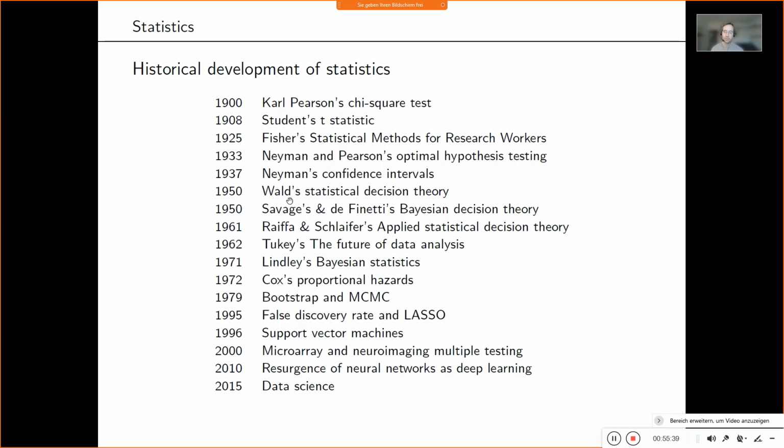Then the Bayesian school argued a lot against frequentist statistics and tried to rebuild the Bayesian probability inference framework and point out inconsistencies in the frequentist setting, exemplified by Lindley. And then more and more computer aspects played a role.